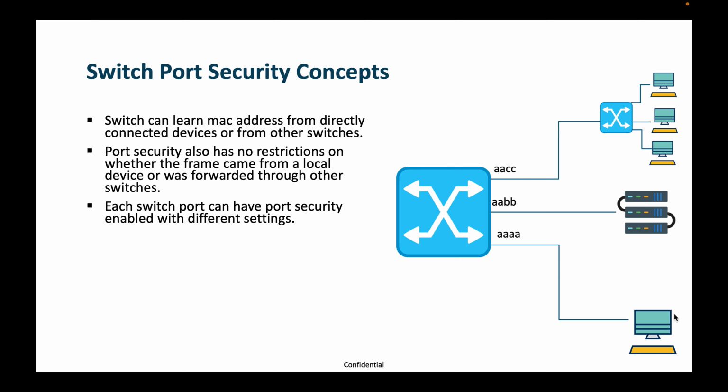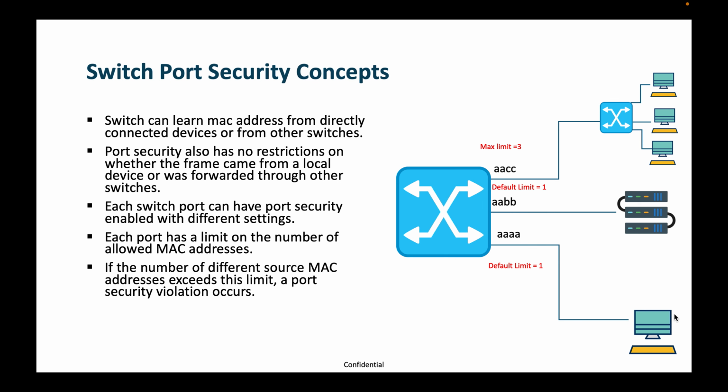For example, the port which is connected to the switch has a maximum limit of 3, because right now there are 3 PCs connected. By default, the limit on each port is 1. So if the number of different source MAC addresses exceeds the limit, a port violation occurs. We'll look at what happens when a port violation occurs.